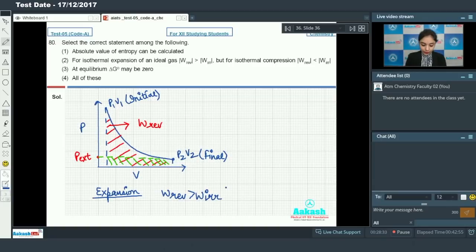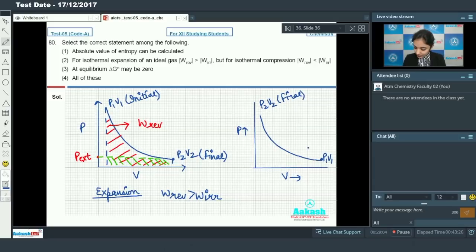So now if I talk about the compression case, this is pressure and this is volume. And now this will be the initial state and this will be the final state. And this is the initial. And during the compression, the P external will be higher than the initial pressure.